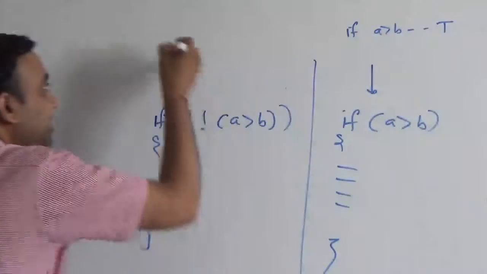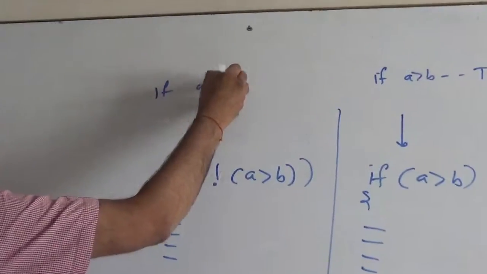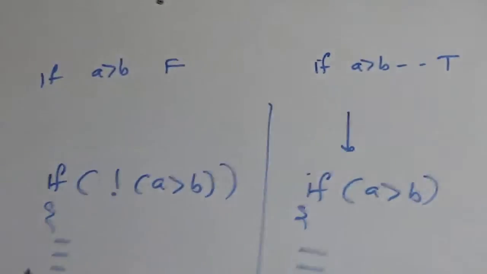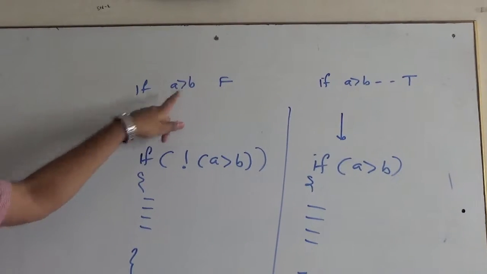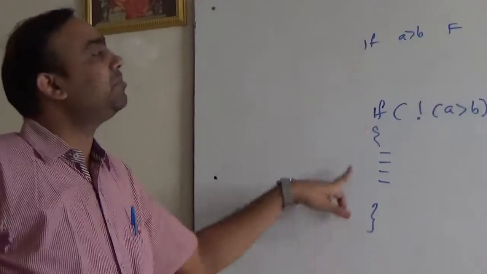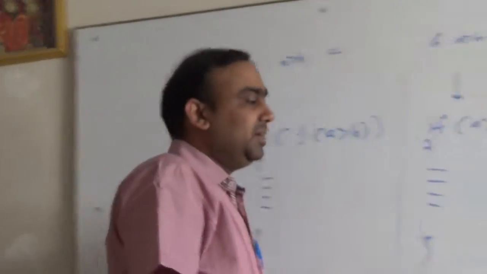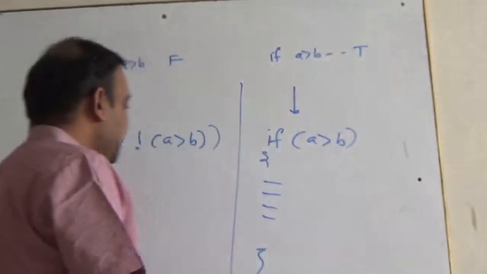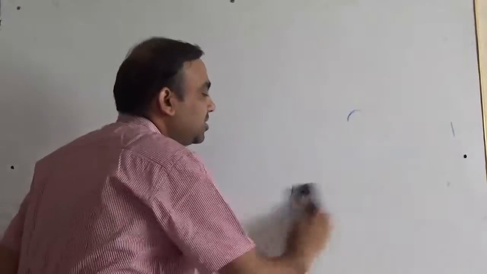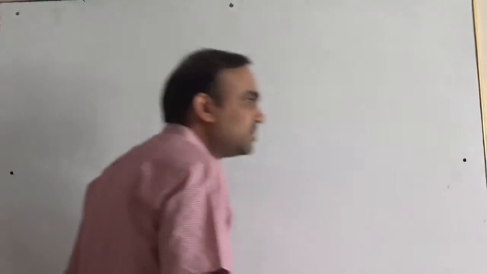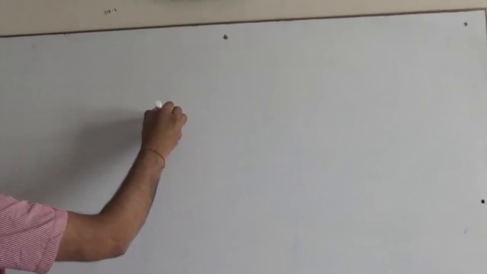Here it runs if A greater than B is false. That means this will run when B is greater than A. This is the way we apply NOT in programming. So I think you got the basic three logics: AND, OR, and NOT. Now we have some more logics. One of the important ones is XOR.